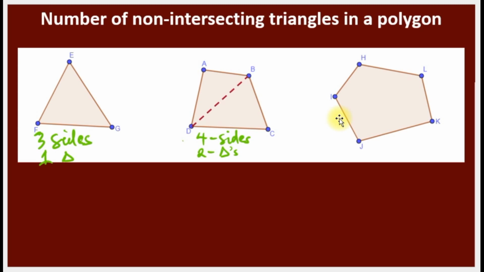Looking at the last one, before we get a general formula, we have this. Remember, non-intersecting, so they will not intersect, because we can still join H to K, but it will intersect. This is okay.